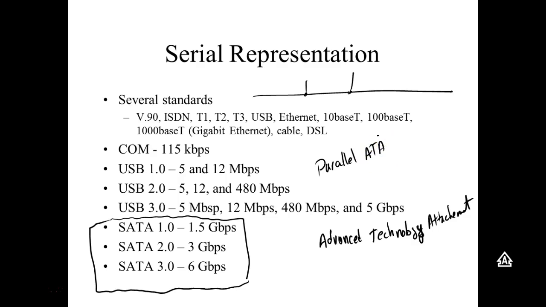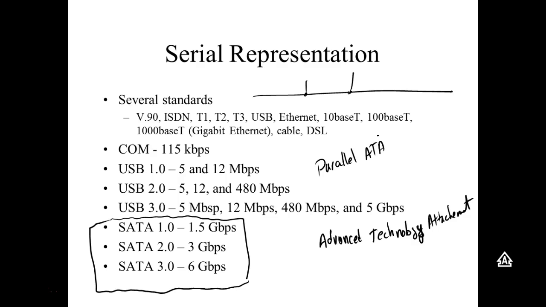Now the problem with the hard drives, even mass storage devices: USB is technically a slow interface. But the devices that we hook it up to are not fast devices. Does that make sense? I think we got another version of serial ATA coming out. I think 4 is out right now.